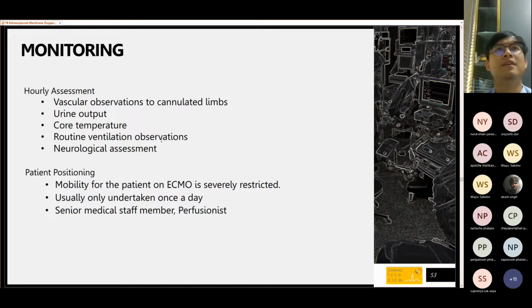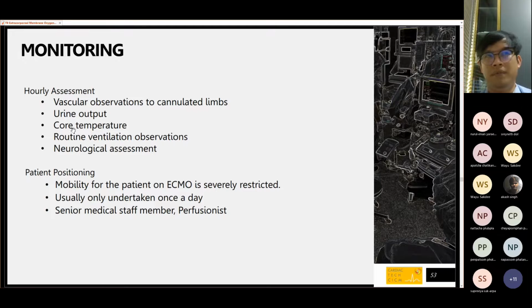And ventilation observation, you need to compare hour to hour for any progress on the ventilation. And neurological support assessment, both ventilation and neurological might be the nurse's role.